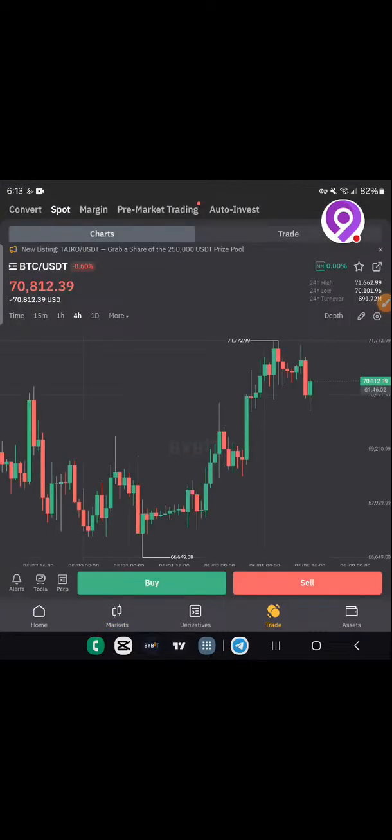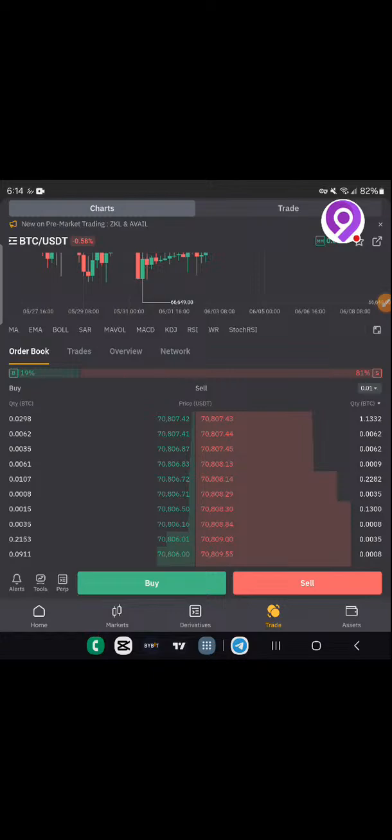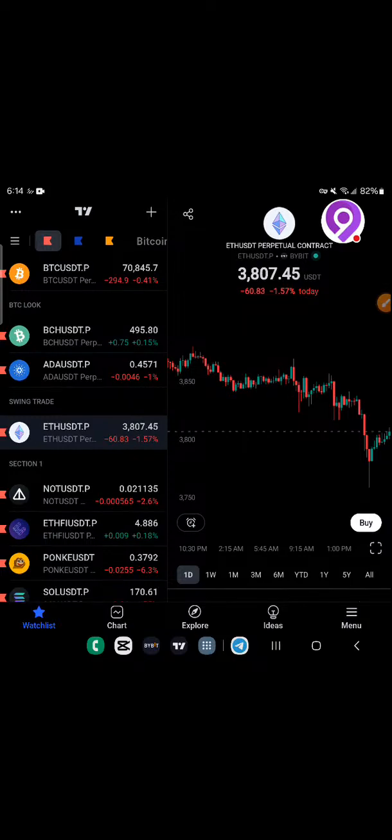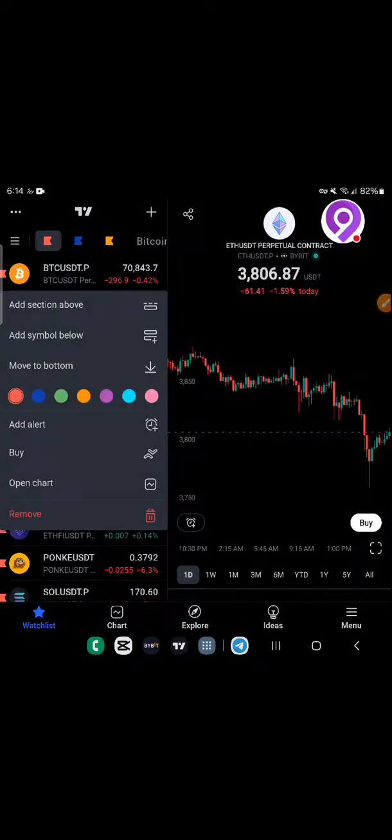Now, don't forget, this is spot trading. This is spot trading, okay? So here, you can use Bybit charts to analyze if you're used to this, or you want to use TradingView. So this is TradingView, if you can see my screen.